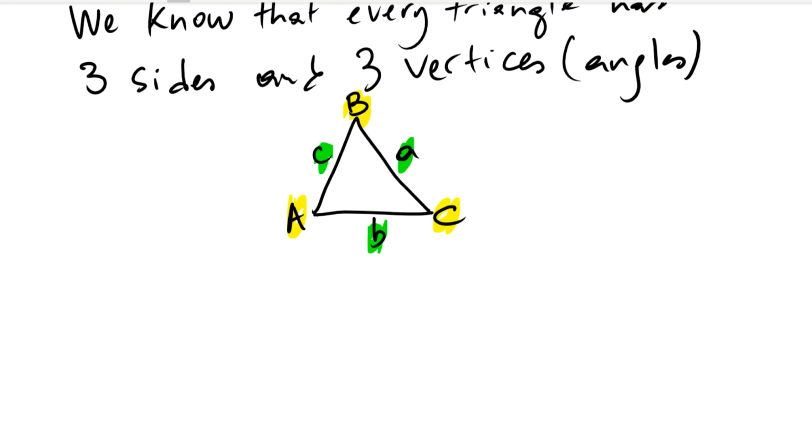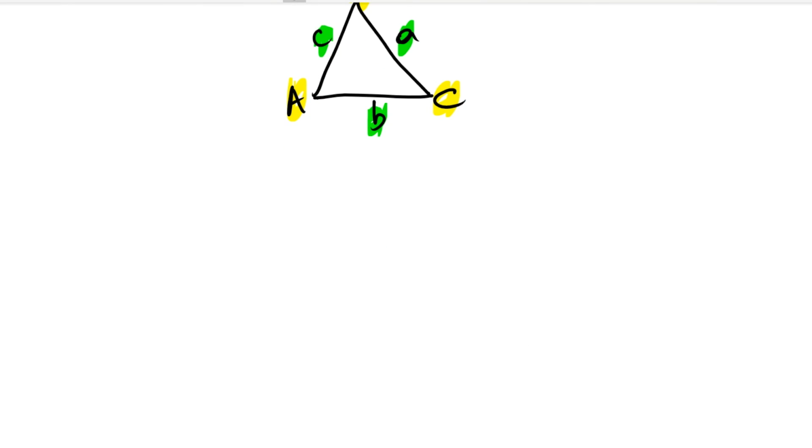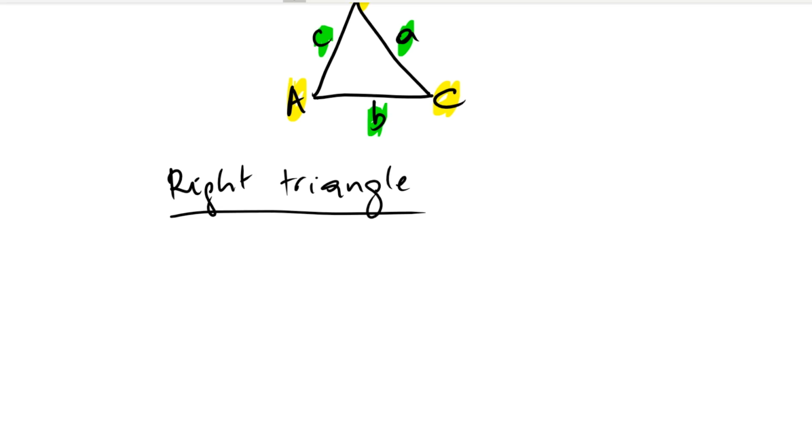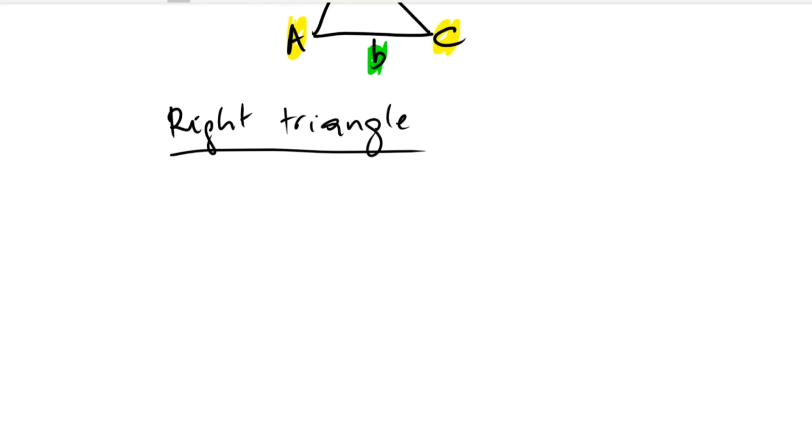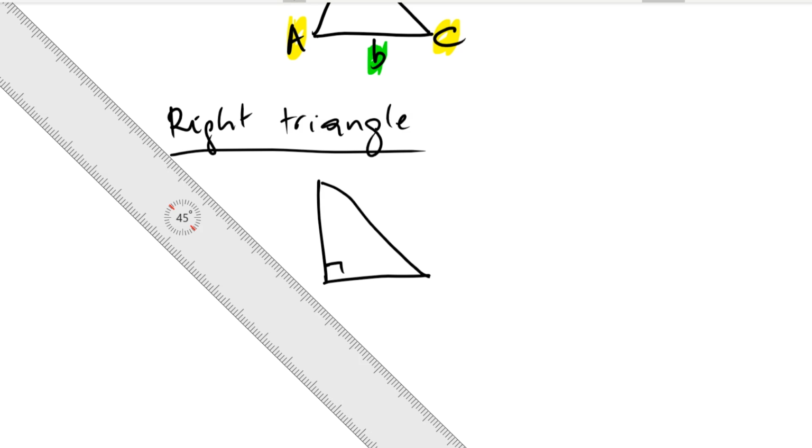Now, we also know that we have triangles that are called right triangles because they have a 90 degree angle included, and when there's no 90 degree angle included, we call it an oblique triangle, right? So a right triangle will look like this one here. Let me use the ruler to make it fancy.